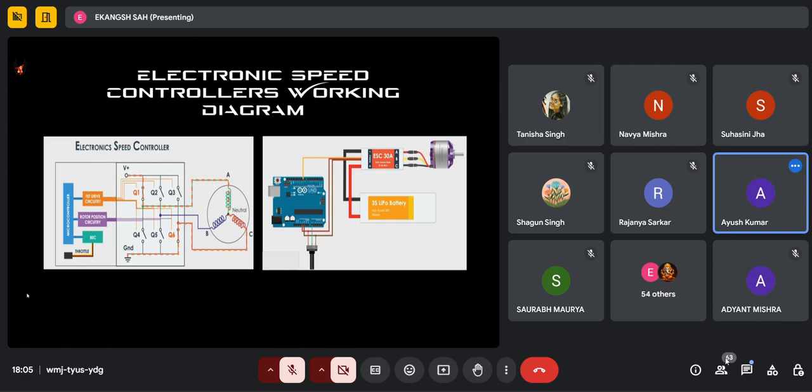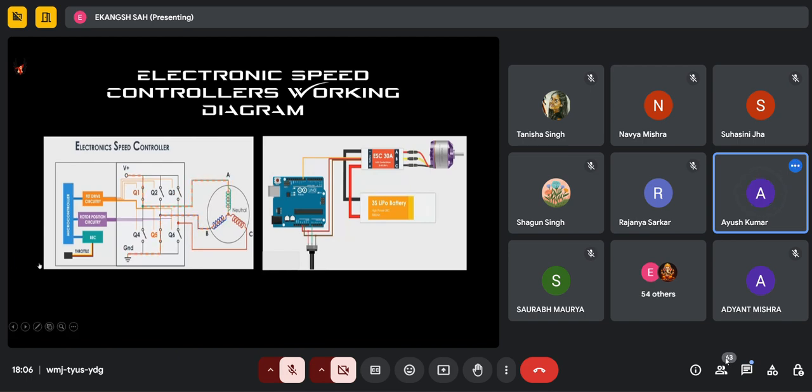On the left side, there is a microcontroller which gives commands to Q1, Q2, Q3, Q4, Q5, Q6. These are the six transistors which work as high speed switches. Then there is the BEC, the battery eliminator circuit. Then there is the rotor position circuitry, which predicts the position of the rotor, and a FET drive circuitry, which triggers the FETs to close or open the circuit in order to allow current in a particular winding so that the rotor can rotate.